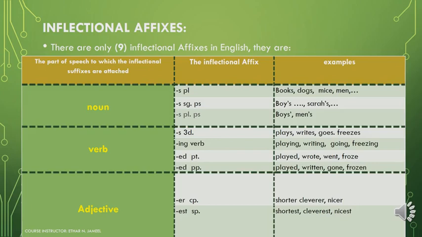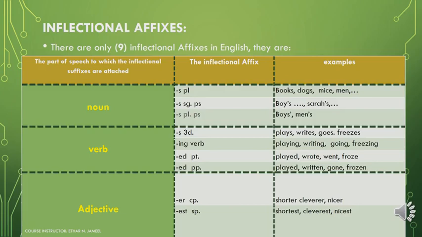Starting with the S plural, it is an inflectional affix. It comes in the form of a suffix and an infix. With regular plural, it comes in the form of a suffix. With irregular plural, it comes in the form of an infix.